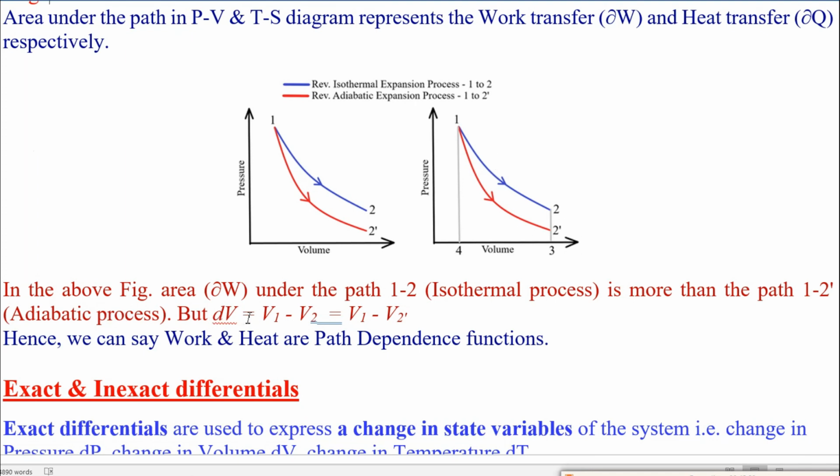But the change in volume, V1 minus V2, is equal to V1 minus V2 dash. The change in volume is the same. However, the work transfer as well as heat transfer are different because the paths are different. So these work transfer or heat transfers are called path functions.